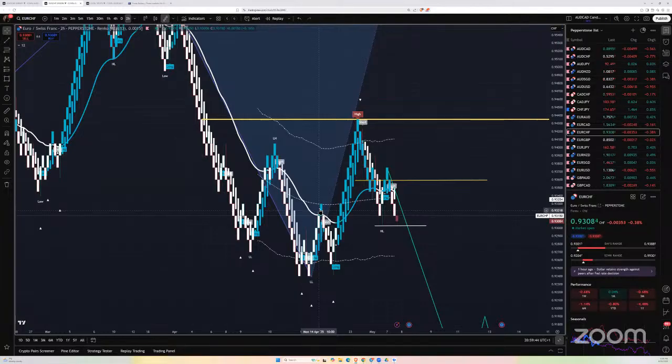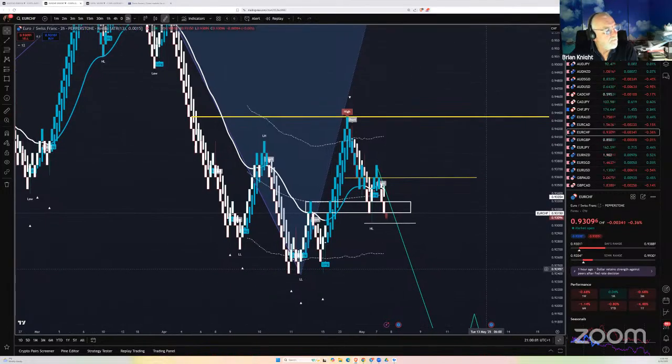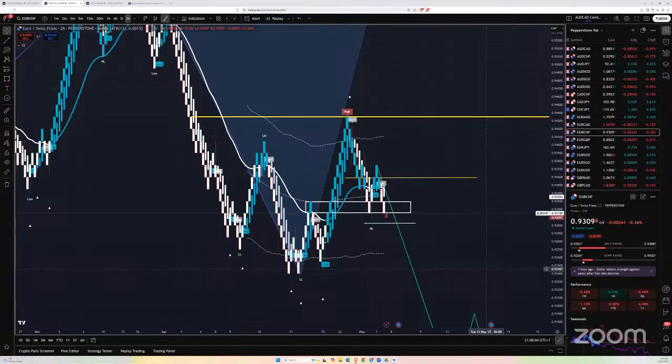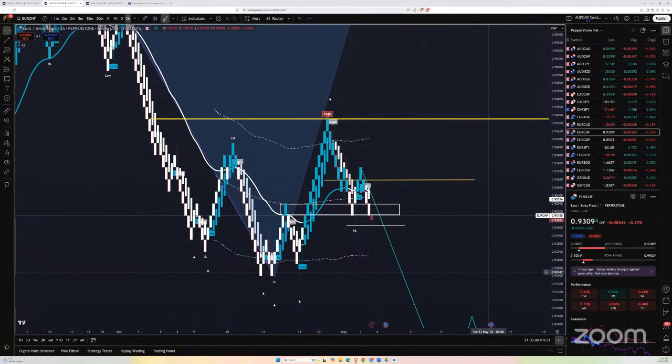Draw a box across that for me, please. Yeah, it needs to break down past that. But I'm talking about the wick here too. That's what you want your trend line to break, to know if it's going to keep going down.